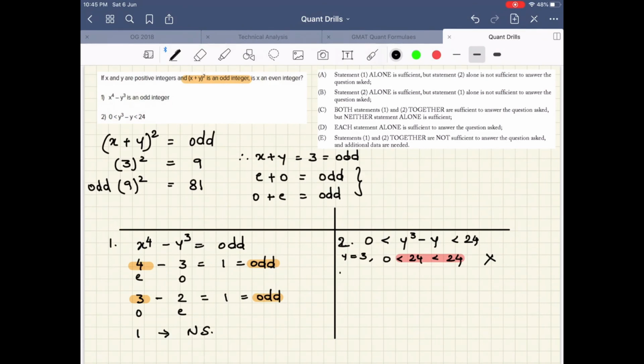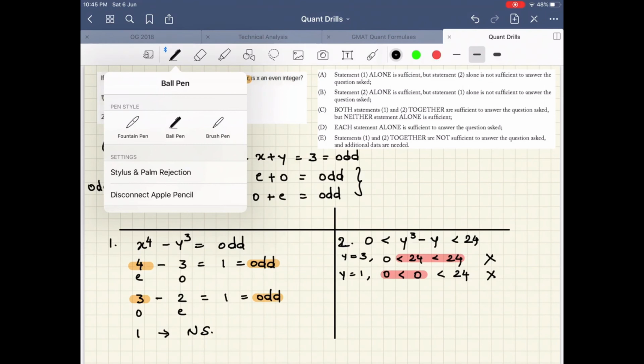Now let's take y equal to 1, another odd number. So what we get is 1 cubed minus 1 is 0. Again 0 cannot be less than 0, so I cancel out this.